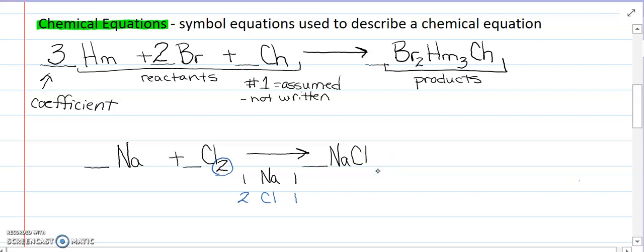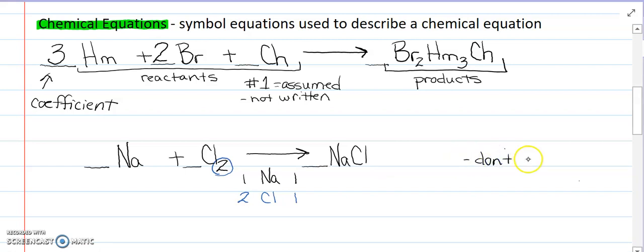So it's really important that you don't change your chemical formulas to balance your equation. Instead, I can change the amount of the ingredients. I can change the amount of products.